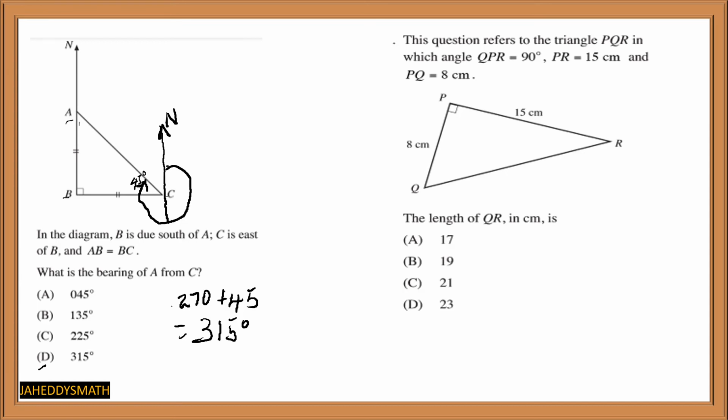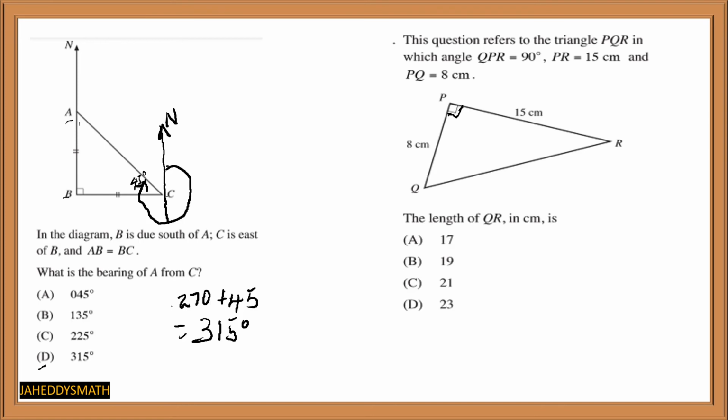This question refers to the triangle PQR, in which the angle at P is 90 degrees. The angle QPR is 90 degrees as indicated on the diagram. And PR is 15 centimeters and PQ is 8 centimeters. We are asked to find QR.